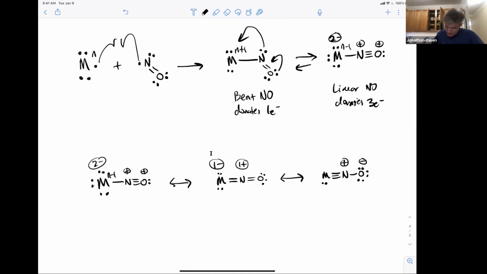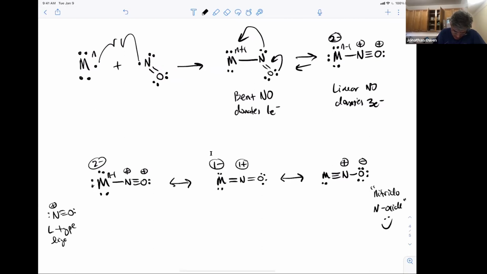And I like this one over here on the right the most. This is like nitrido N oxide. And that's good. This is like NO plus L type ligand.